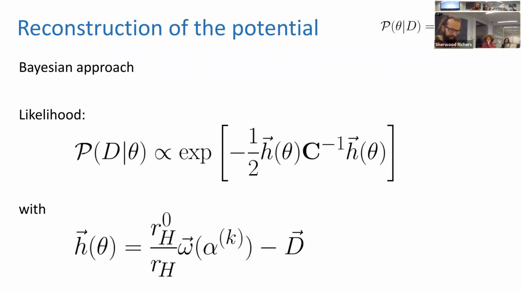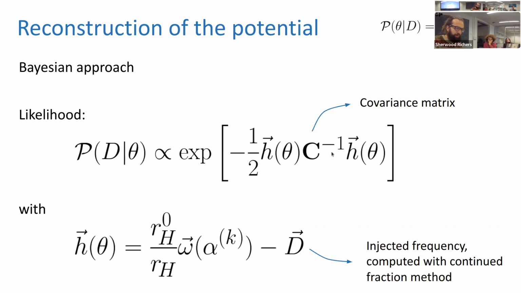Here we assume a Gaussian likelihood of this form, where the vector h is nothing but the difference between the data that we assume we will see, so we inject some numerical frequencies, minus our model, and our model is the frequencies omega that depend on the set of parameters alpha that we want to infer.